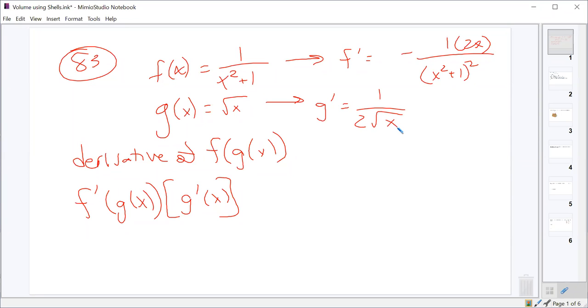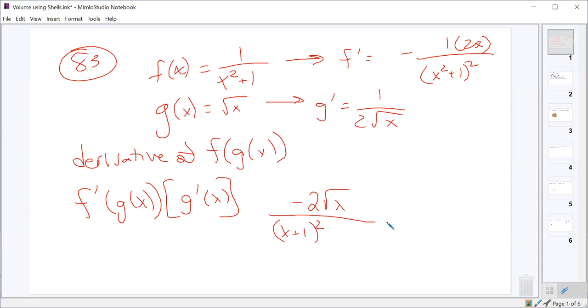So we really just need to replace all the x's with g of x, f prime of g of x, and then multiply it by g prime. If I replace all of the x's with root x's, I get negative 2 root x over root x squared, which is x, so x plus 1 squared.